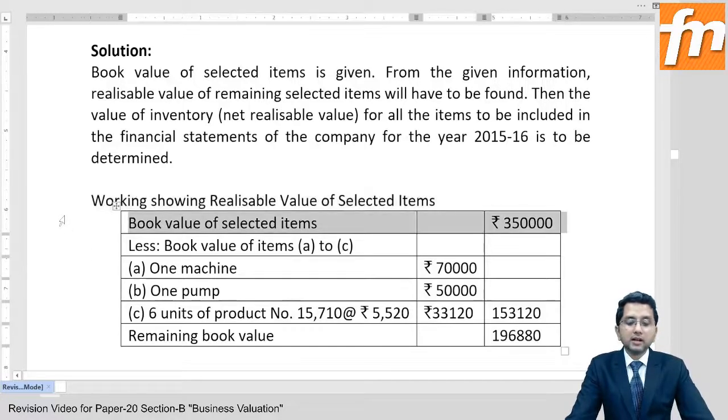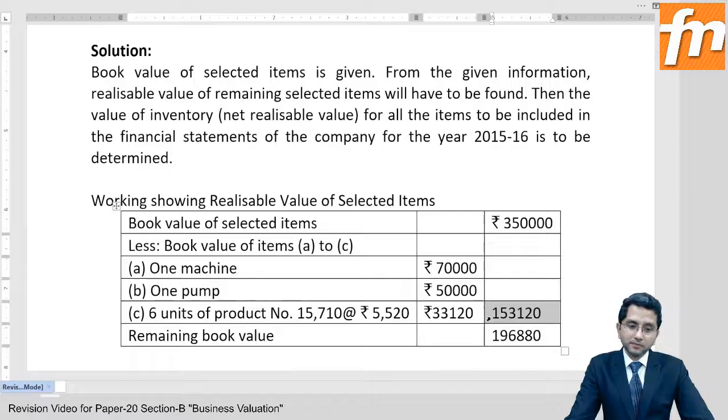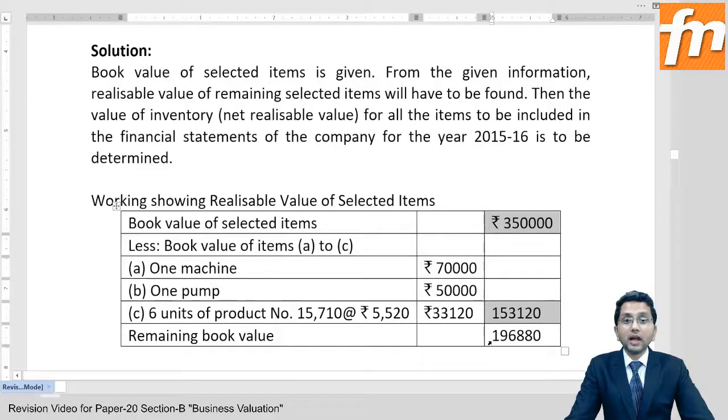Book value of sampled items is 3,50,000. Out of which book value of special item A is 70,000, special item B is 50,000, special item C has a book value of 33,120. So book value of special items within the sample are 153,120. When you deduct it from the sample, you get sample of general items.